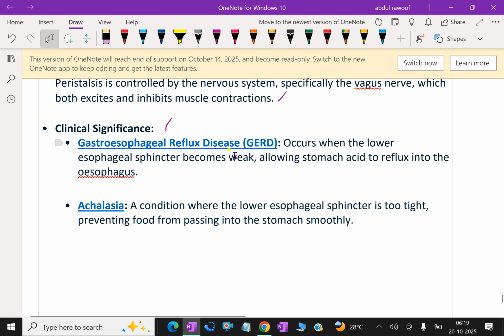Gastroesophageal reflux disease (GERD) occurs when the lower esophageal sphincter becomes weak, allowing stomach acid to reflux into the esophagus. Achalasia, a condition where the lower esophageal sphincter is too tight, preventing food from passing into the stomach smoothly.